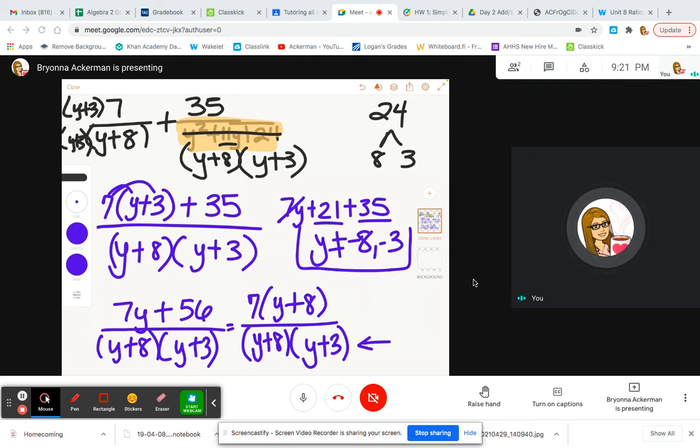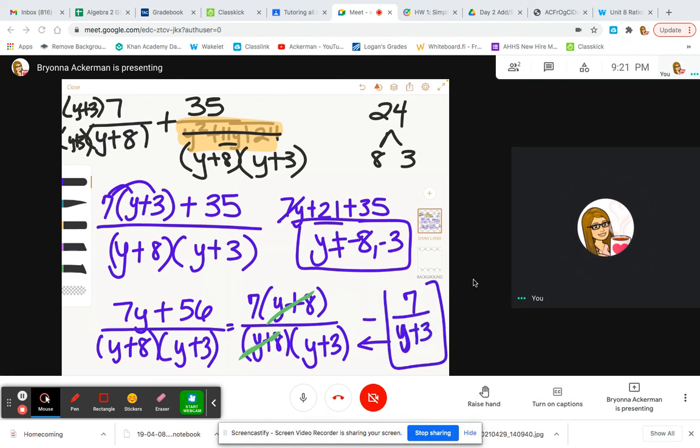So these are the restrictions. Then you can cancel out what matches. Your final answer is 7 divided by y plus 3. The restrictions are y cannot be negative 8, nor can it be negative 3.